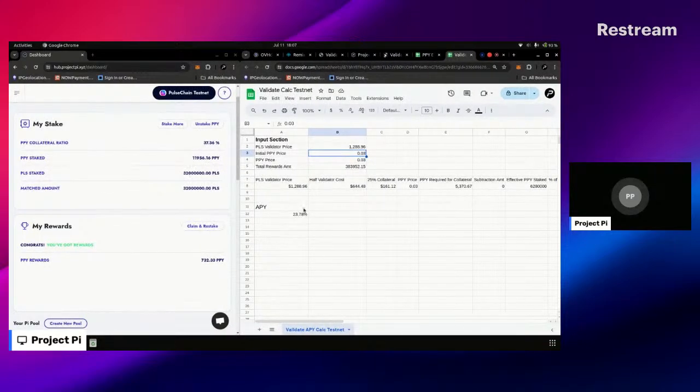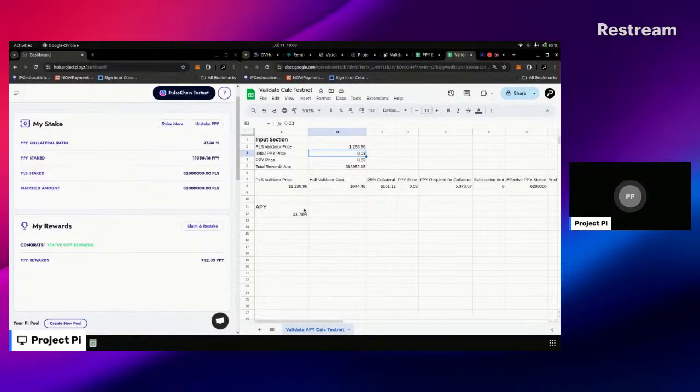And so on our protocol, you would bring basically half of the amount of collateral, which is the 16 million Pulse, but you will also need at least a 25% minimum in PPY, which is going to be our native token. I basically wanted to show you all the numbers that I'm looking at right now.